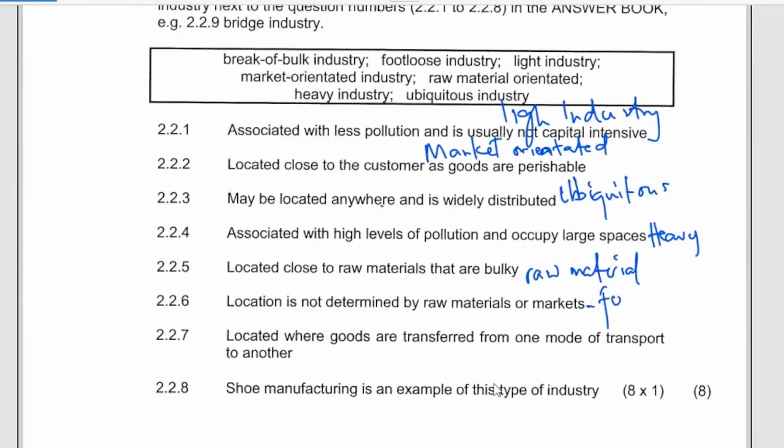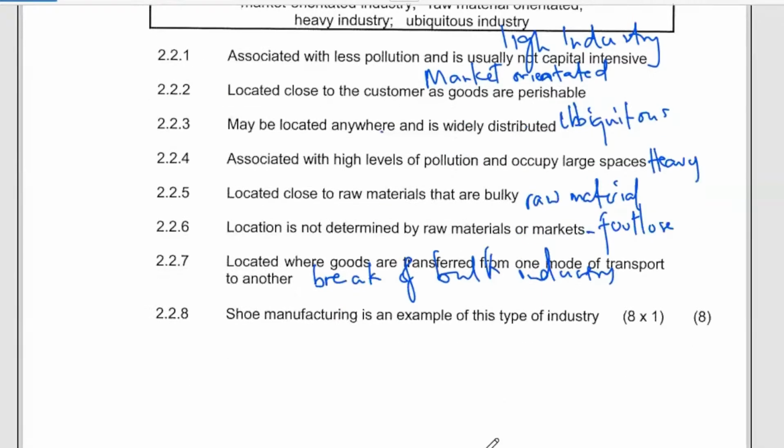Footloose industries can move strategically. They are not tied to the source of raw material or to the market. They can locate anywhere. Then located where goods are transferred from one mode of transport to another, this is a break of bulk industry. Then lastly, shoe manufacturing is an example of this type of industry. Shoe manufacturing constitutes part of the light industries.